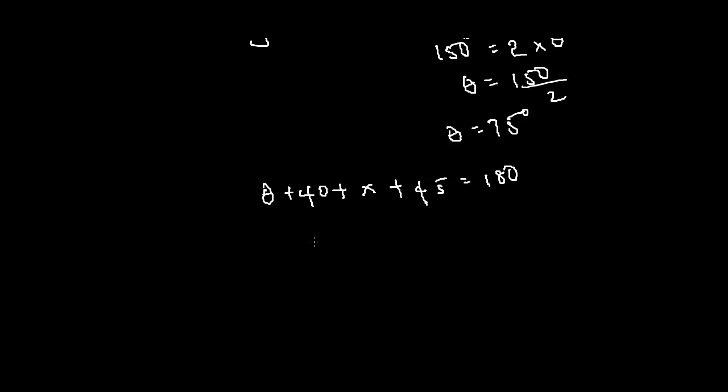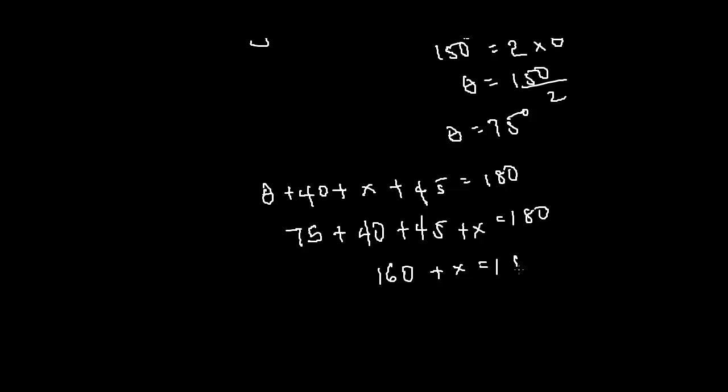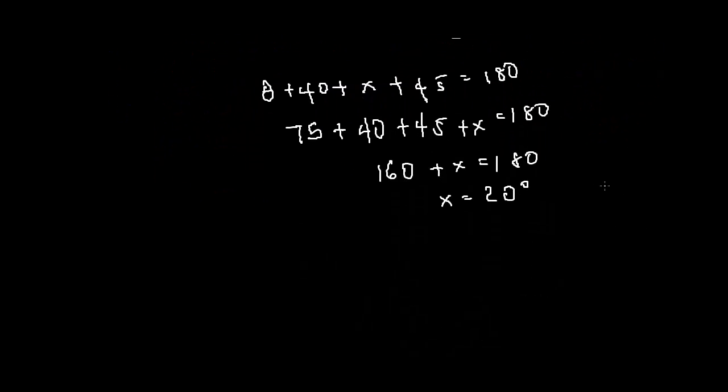Now do not forget you got your theta to be 75. So I have 75 plus 40 plus 45 plus x should be equals to 180. Now the whole of this gives you 160 plus x should be equals to 180. So your x is equals to 20 degrees. Since your x is also RQS, that means RQS is equals to 20 degrees. Thank you very much, and I hope you understood that.